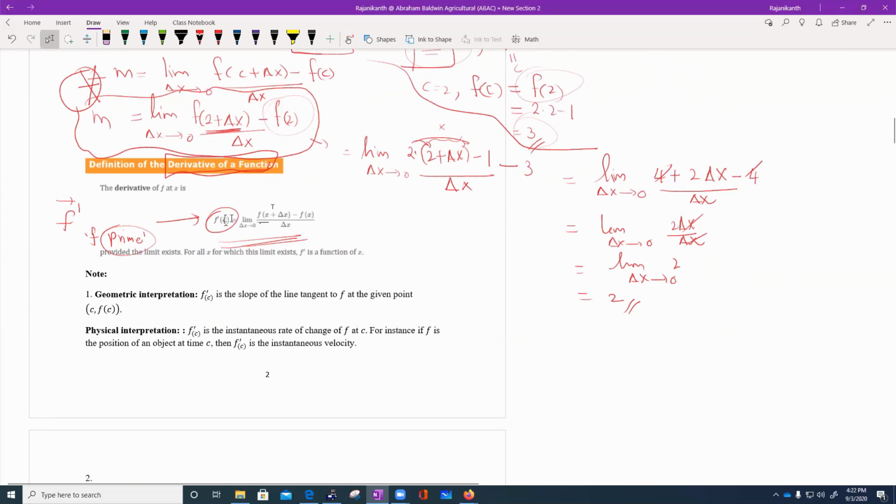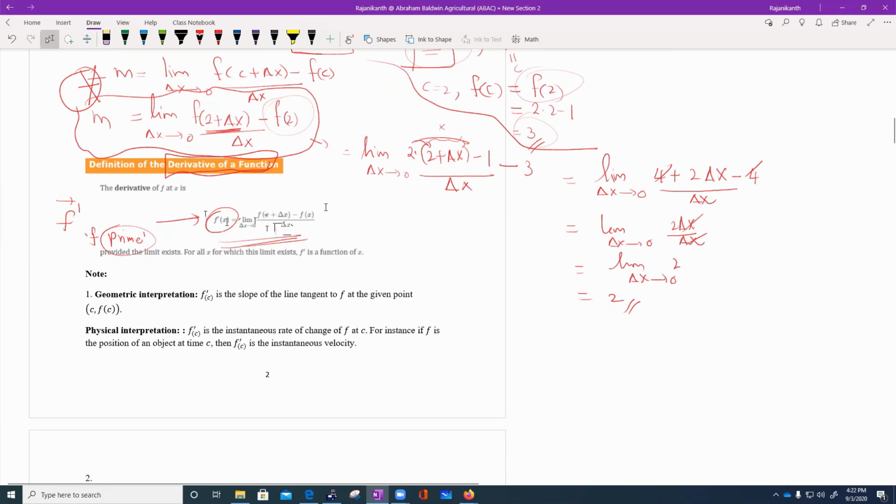So that means this formula is a generalization of the previous formula. The previous formula will give you only one answer, the slope at the particular point c. This formula is a general formula, so you could find the slope at any point x. If you change x, your slope also is going to change.